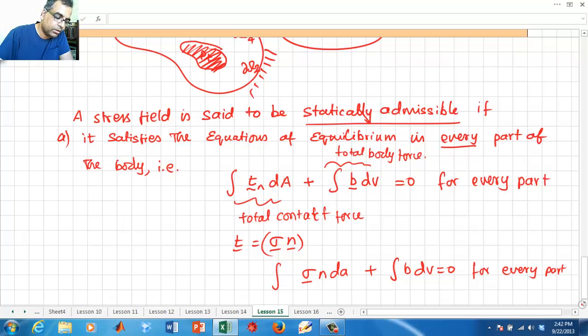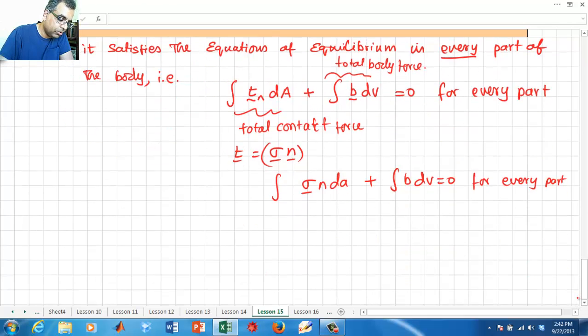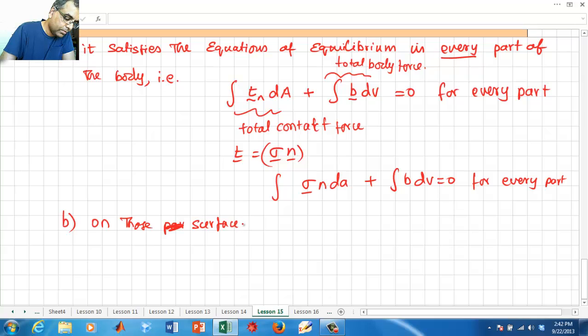That's item number 1. And item number 2, on those surfaces where traction is specified, they must agree.